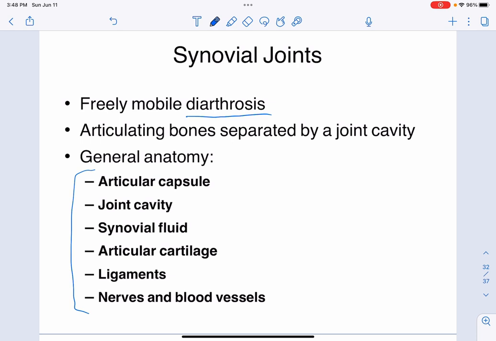There's going to be articular cartilage. Remember, at the ends of every bone, especially the long bones, there is hyaline cartilage there. There's going to be ligaments that stabilize this synovial joint. And there's also going to be nerves and an abundant blood supply that enters the synovial joint.